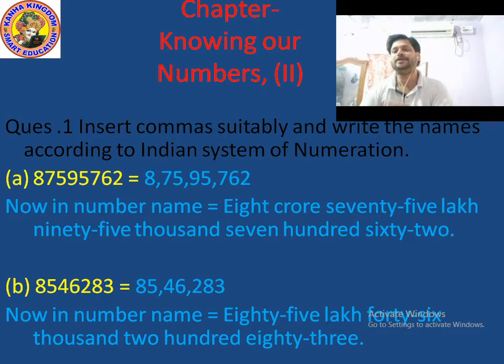And before 8, 3. 3 is in ones. So how can we read 283? We can read 283 like 283. So exactly how can we read this number after inserting the comma? 85,46,283. Like this you can read properly. Okay.